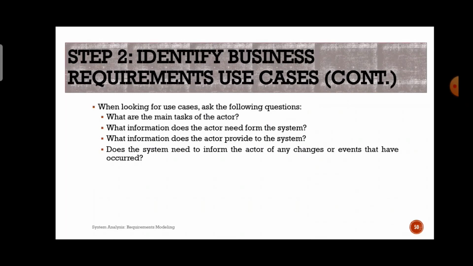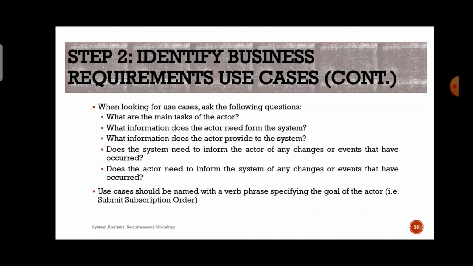Does the system need to inform the actor of any changes or events that have occurred? Does the actor need to inform the system of any changes or events that have occurred? Use cases should be named with a verb phrase specifying the goal of the actor. An example is submit subscription order.